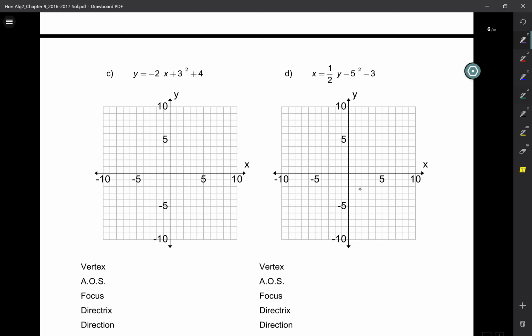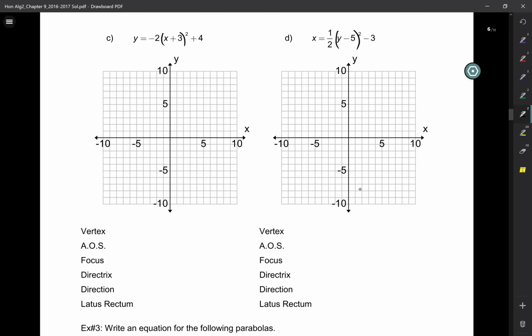Okay, so here, this time, it's shifted right 3, I'm sorry, left 3, up 4. So the vertex is at negative 3 comma 4. So where is the axis of symmetry? It's at x equals negative 3.